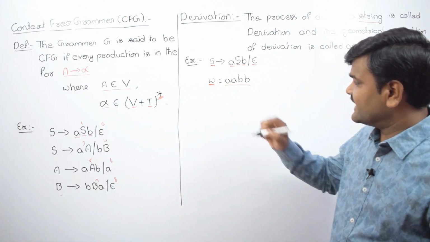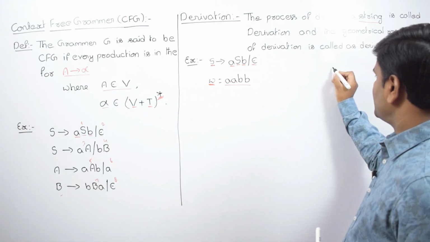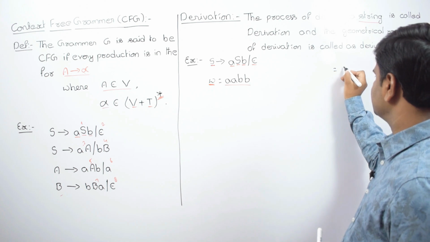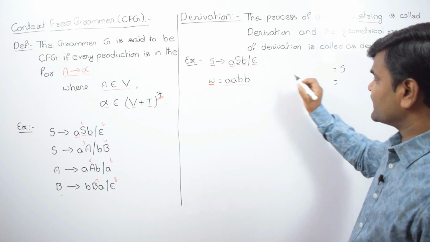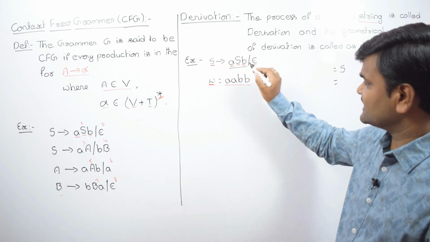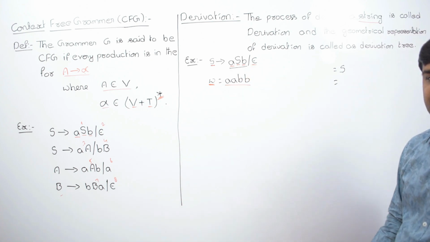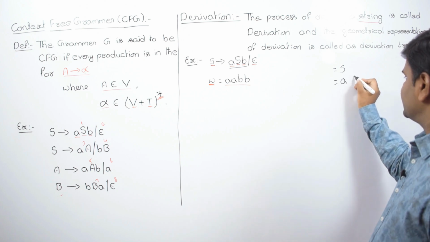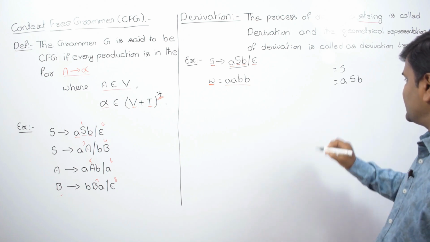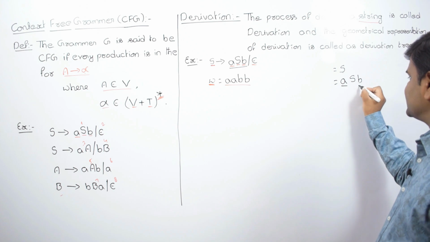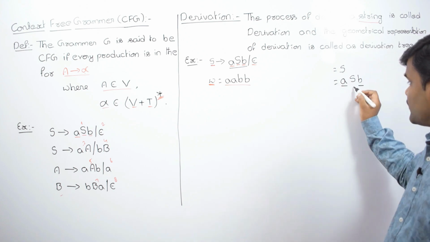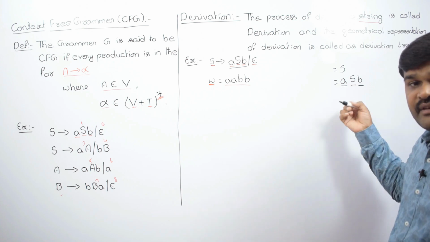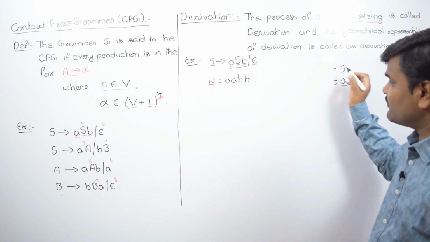So how can you generate this word? First you take S, and then we replace this S with the production A S B. Now the terminals A and B cannot be explored further, but S is a non-terminal, a variable, so it is going to have further derivation.